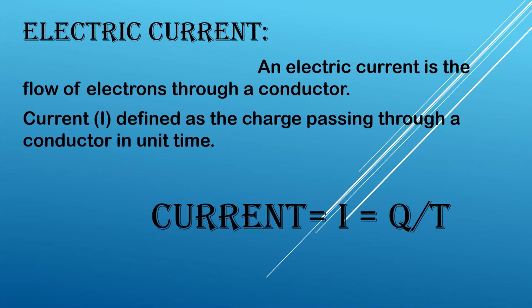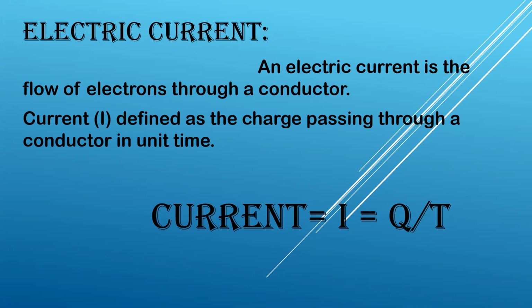They transfer the electrons from negative terminal to the positive terminal. The symbol of current, you can see on the screen, is denoted by I, right? So I is the symbol of electric current. And how will you define this current? What is current, then, children? The charge passing through a conductor in unit time.